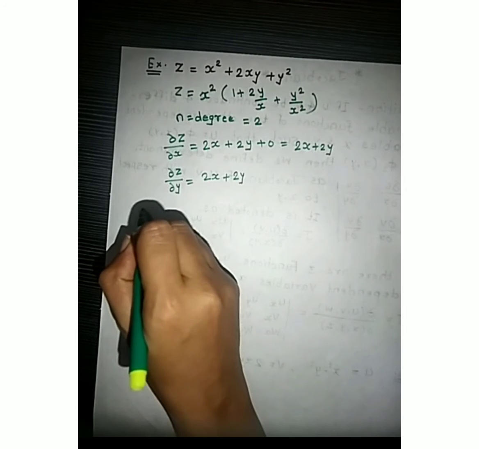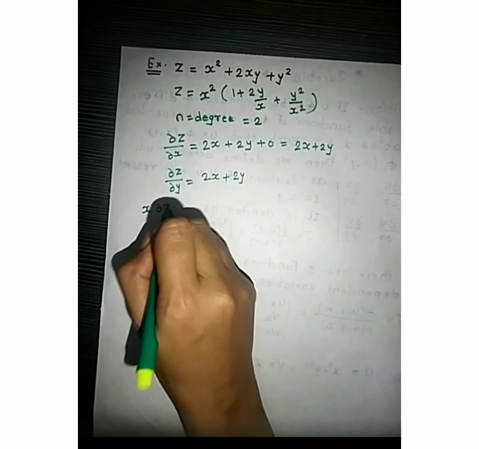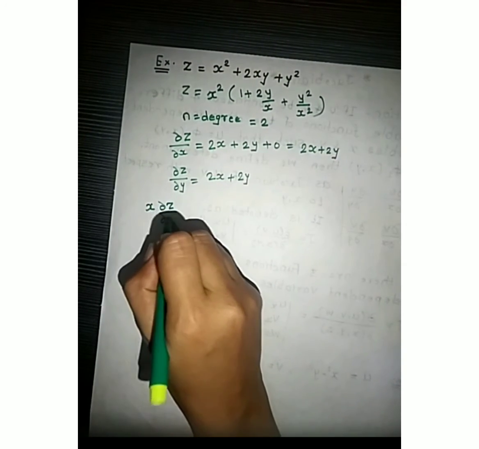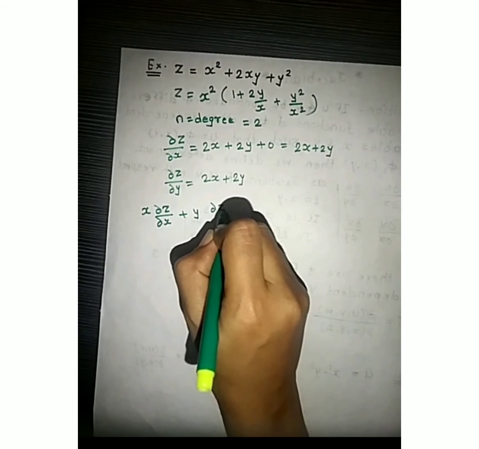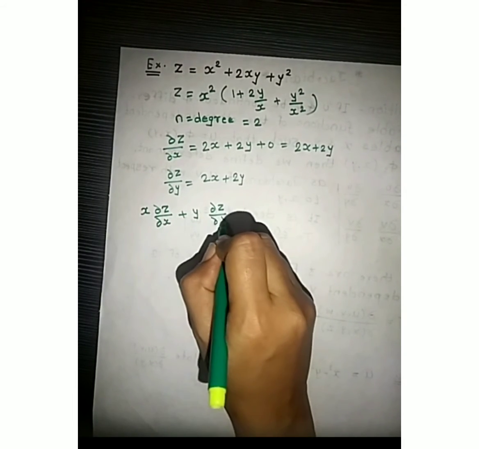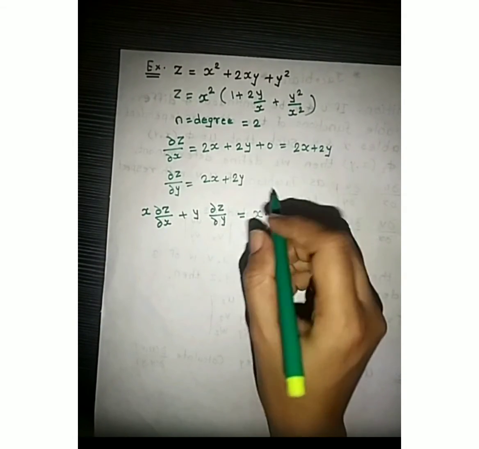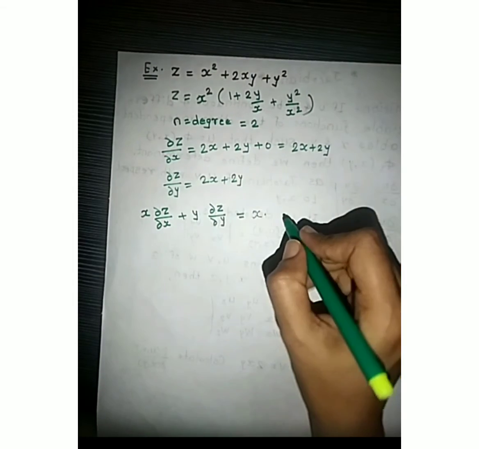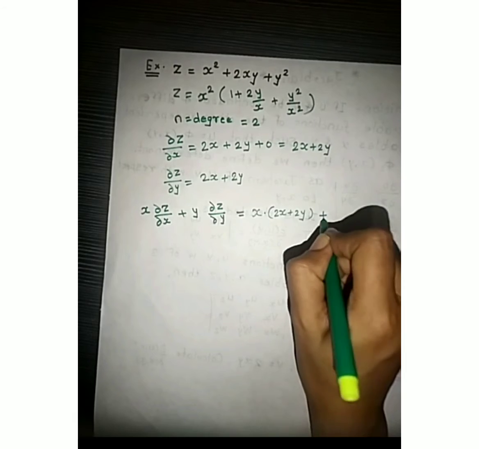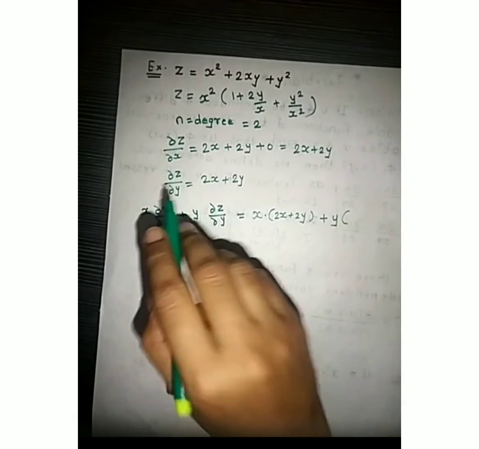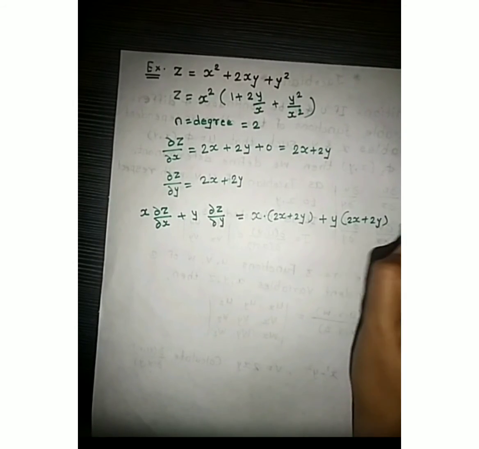Now we will consider our LHS of Euler's theorem, that is x into ∂z/∂x plus y into ∂z/∂y, which is equal to x into the value of ∂z/∂x, 2x plus 2y, plus y into the value of ∂z/∂y, 2x plus 2y.